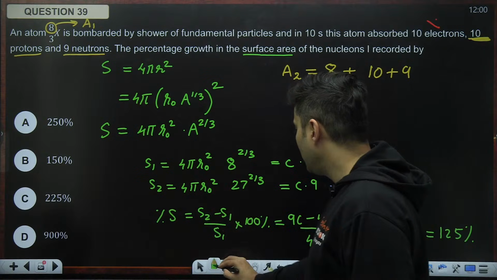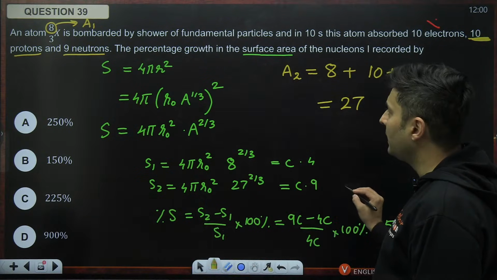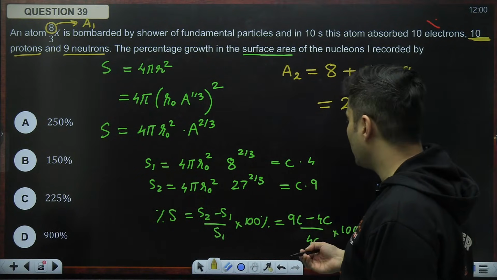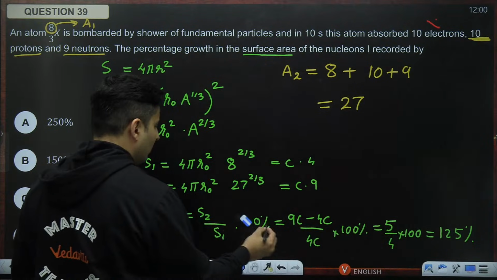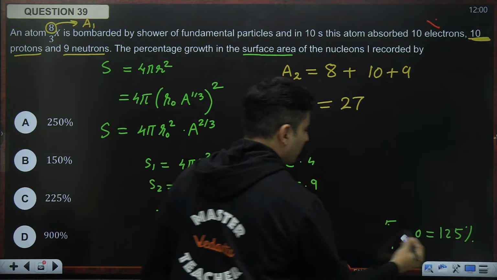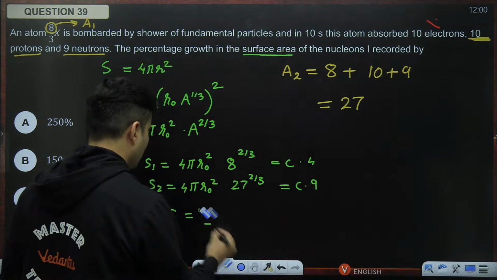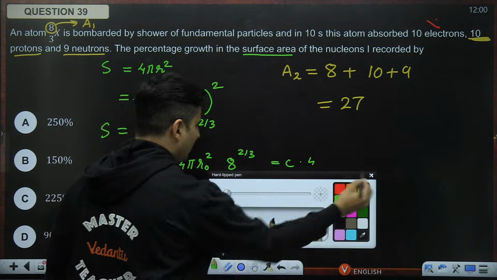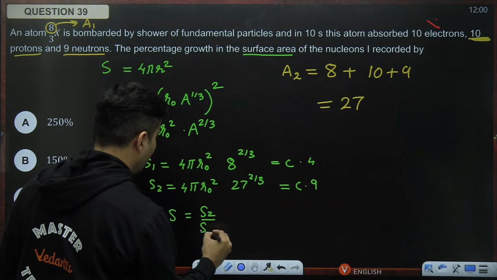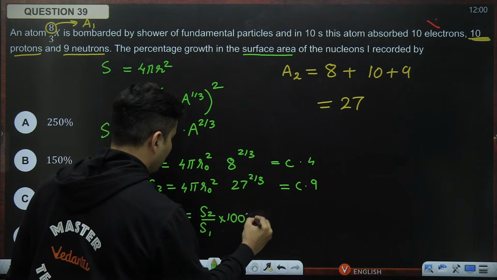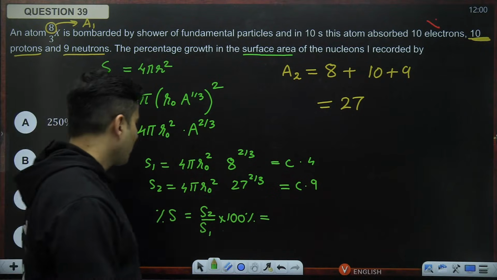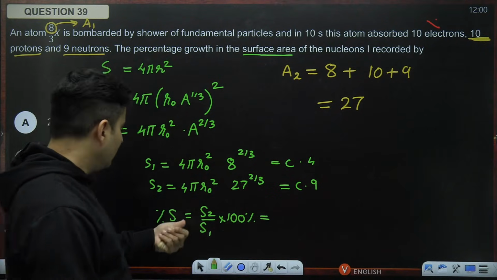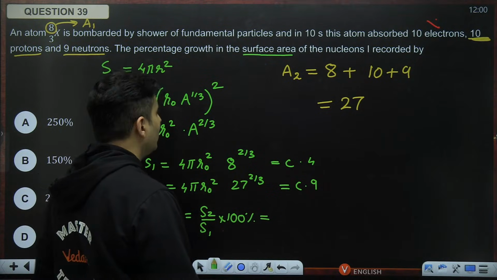If percentage change is asked, that is right. But if they have asked what is the final upon initial, then it will be different maybe. If they have asked only this much percentage growth, what they mean is ambiguous again. Growth, what do you mean by that? Final upon initial. So I think they should have mentioned it a little bit more clearly, or else it is very ambiguous, guys.